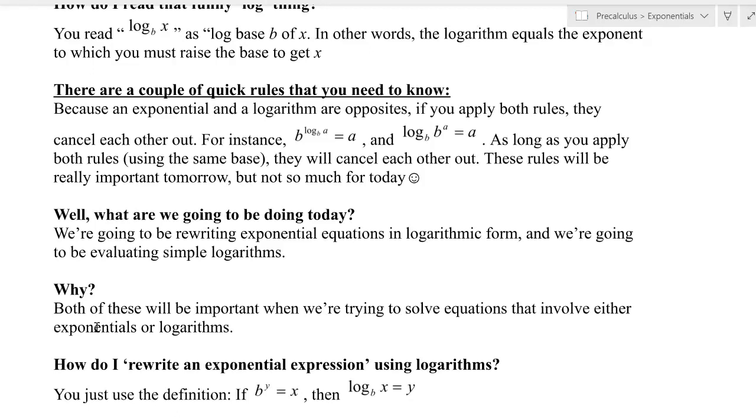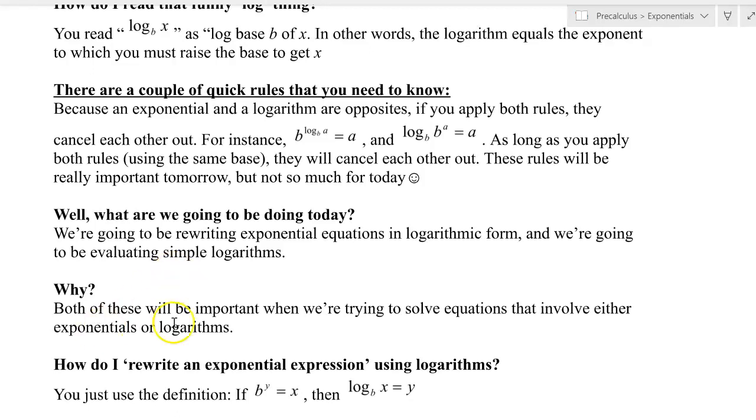So for instance, if I've got b to the log base b of a, it should just be equal to a, because as long as those bases match, you're golden. Same thing with log base b of b to the a, which is just going to be a.